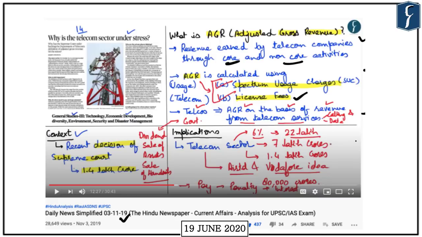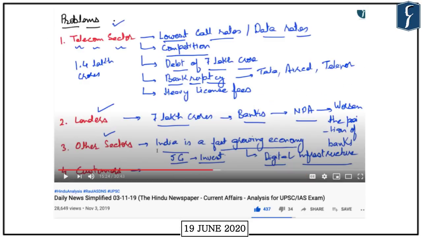A recent judgment by Supreme Court had said that while calculating adjusted gross revenue, both core as well as non-core revenues of the telecom companies shall be taken into account, and hence it had led to a substantial increase in the AGR payment as well as a significant amount of dues left on the shoulders of the telecom companies, which are already reeling under a lot of problems, and those problems were also discussed in the same DNS.